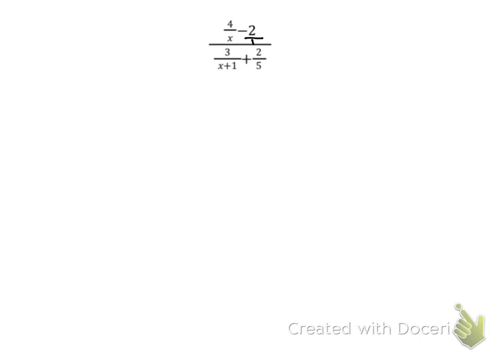So if I look here, I have an x, a 1, an x plus 1. That x plus 1 is a package deal. You cannot separate them. And a 5. So for the common denominator, I have to account for an x, an x plus 1, a 1, and a 5. Let's pull things out of the list. If I have a 5 only, the 5 will take care of both the 1 and the 5.